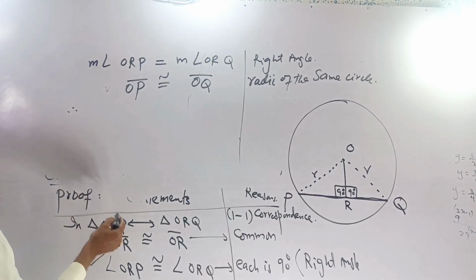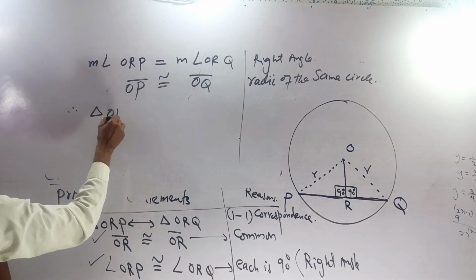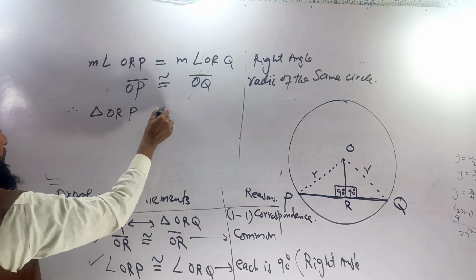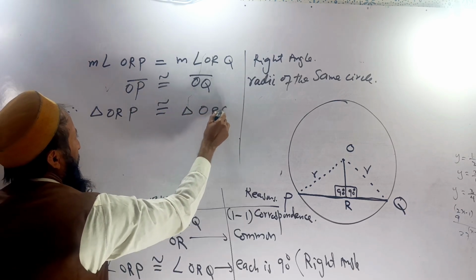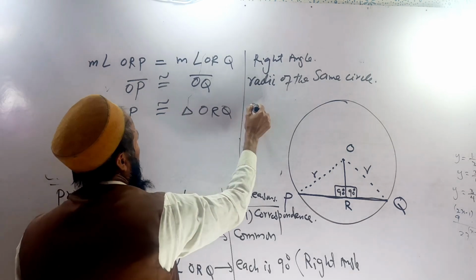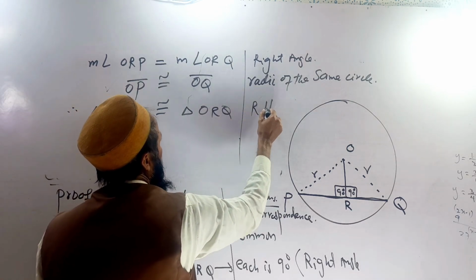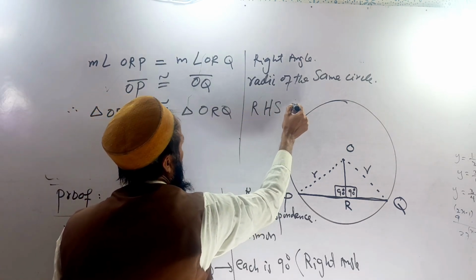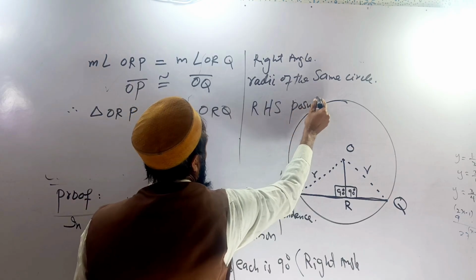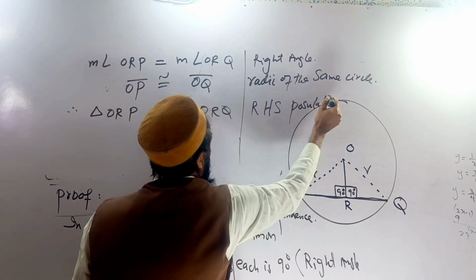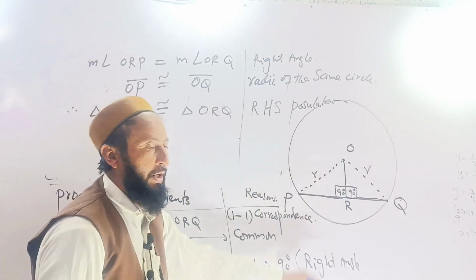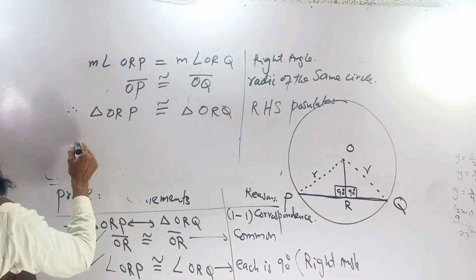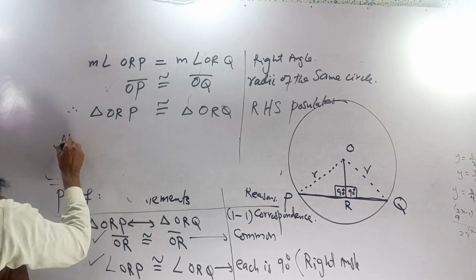So triangle ORP is congruent to triangle ORQ by the right angle hypotenuse side postulate.